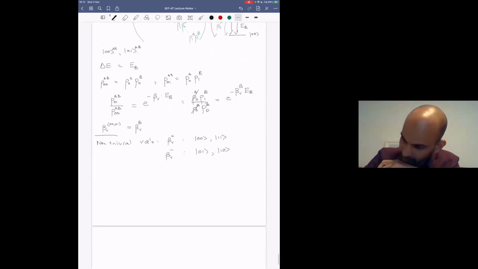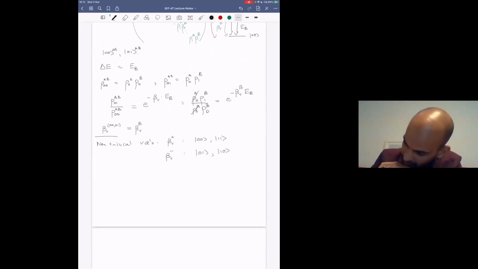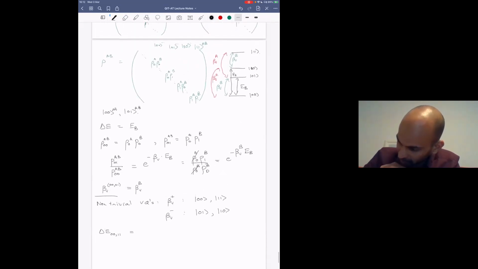So the energy gap corresponding to 0, 0, and 1, 1 is, just by inspection of the figure, the sum of the two energy gaps.